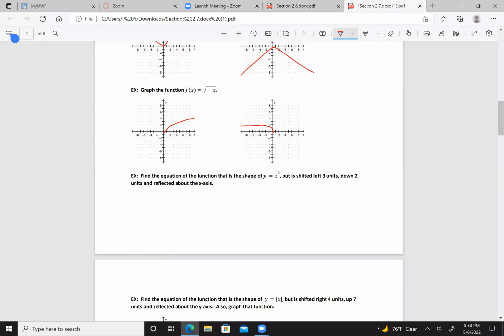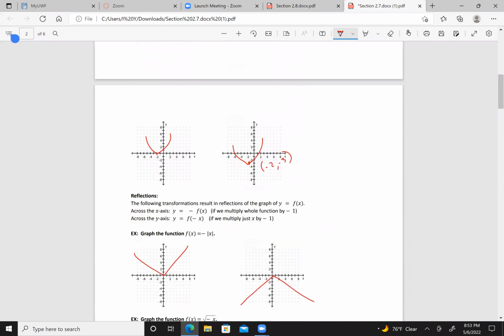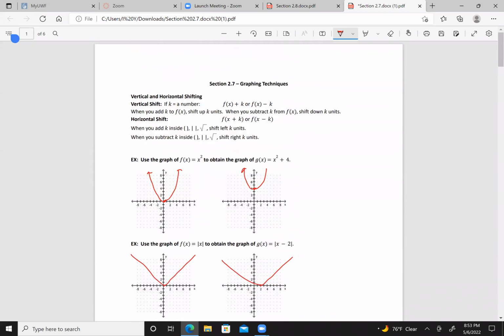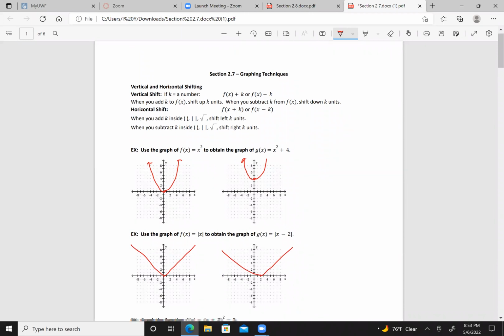Okay, find the equation of the function that is y equals x squared, shifted left 3 units and down 2 units. So going back up here real quick, shifting. Shift left, it's inside, and we add.